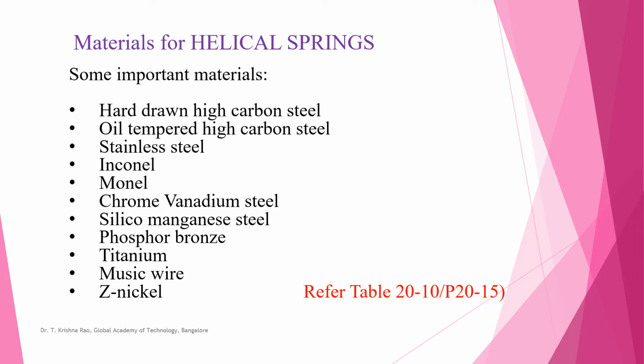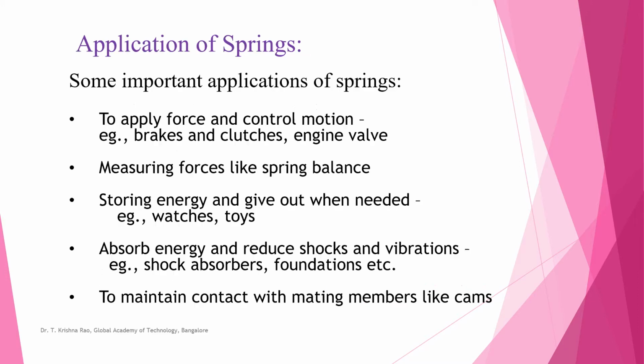The commonly used materials I have listed here from the table: hard drawn high carbon steels, oil tempered steels, very commonly used ones; stainless steel springs where rusting is to be avoided; Inconel, Monel, chrome vanadium steel, silico-manganese steel, phosphor bronze. Phosphor bronze is a non-ferrous element. Titanium, music wire, jet nickel, etc. These are some of the materials listed in the table which are commonly used for springs.